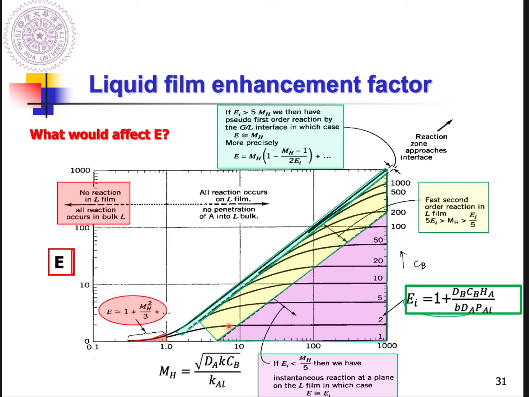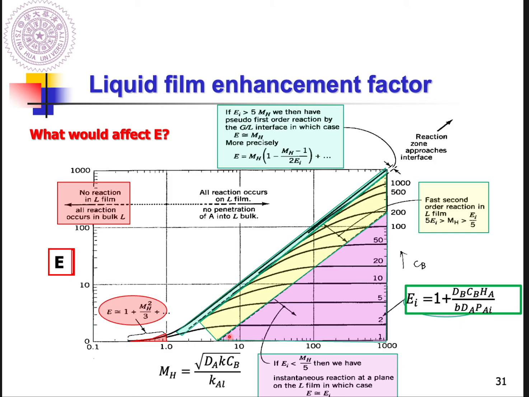Under this case, next you need to calculate the value of MH in your case. If you find the MH is 5, then you can extract the value for E by using this figure.